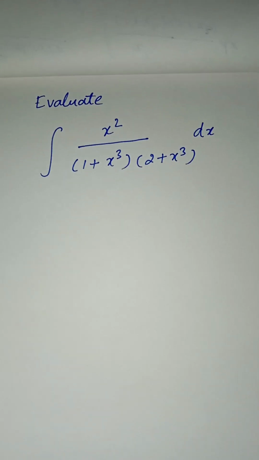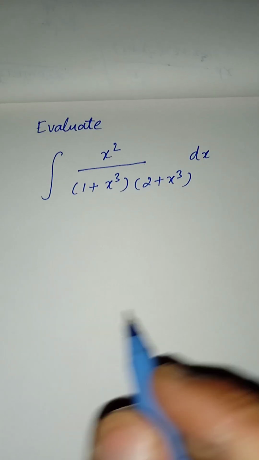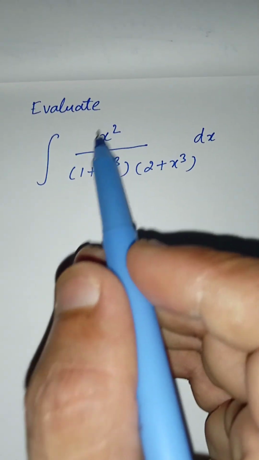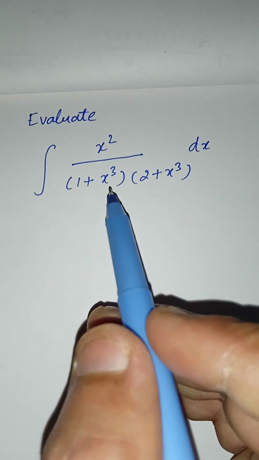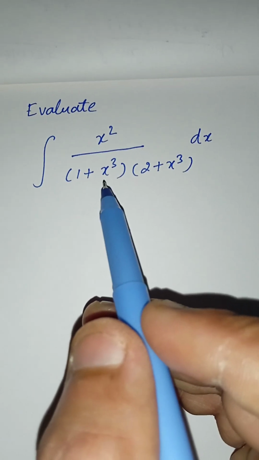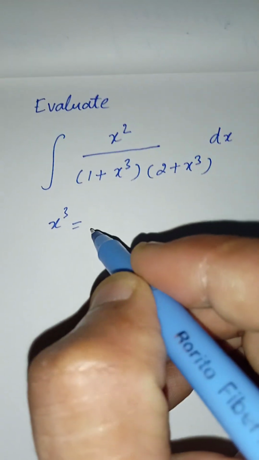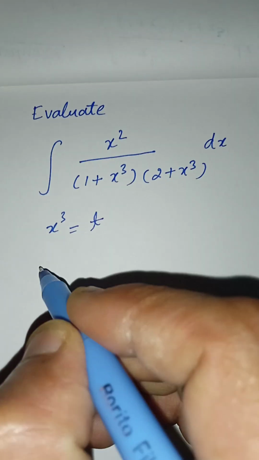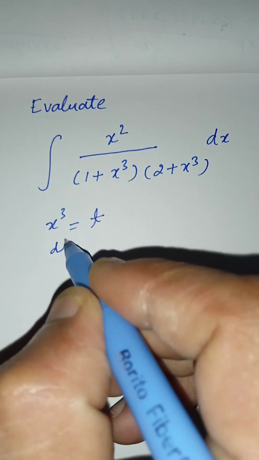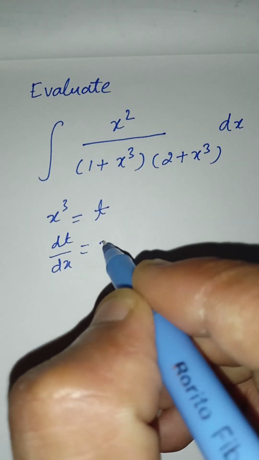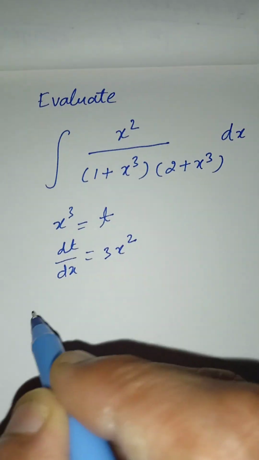So what are those arrangements? Let's see. Now we have x cubed here, and this is x square. So we need to make a substitution of x cubed as any variable. Let that variable be t. Now what is dt over dx? That is going to be 3x square.